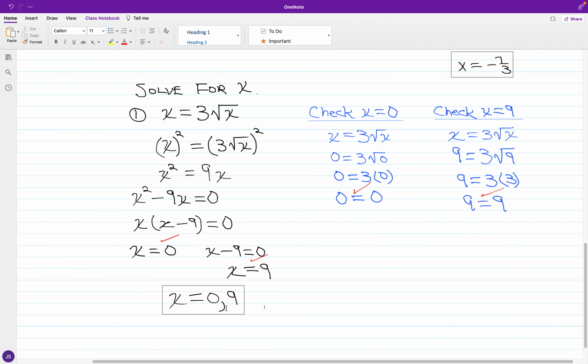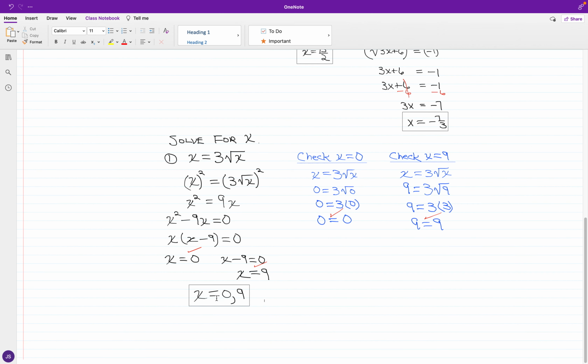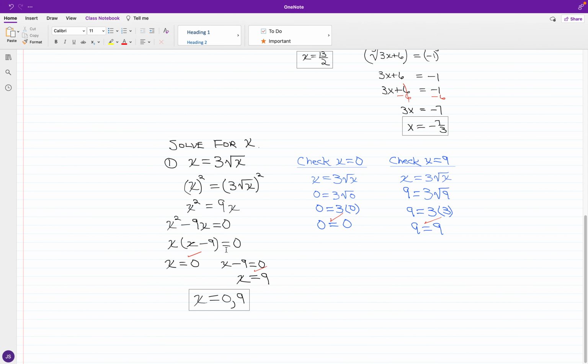Now there are going to be what are regarded as extraneous values. What I mean by extraneous is that you might have an apparent solution, but upon re-examining, it turns out that that particular value does not qualify as a solution. And we'll be looking into such a case in a moment.